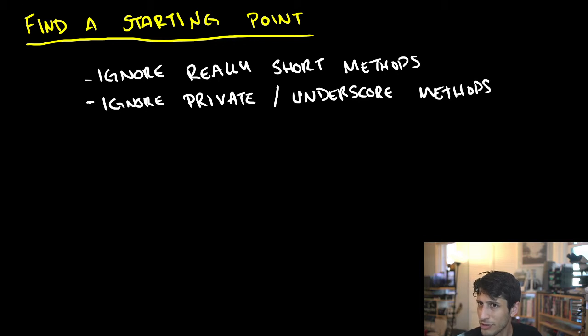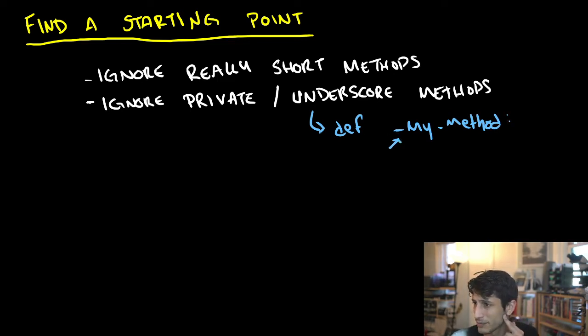And again, these underscore methods, what we're talking about is the ones that are like def _my_method. The ones that start with an underscore tend to be less important because they're not the ones that other things would use.